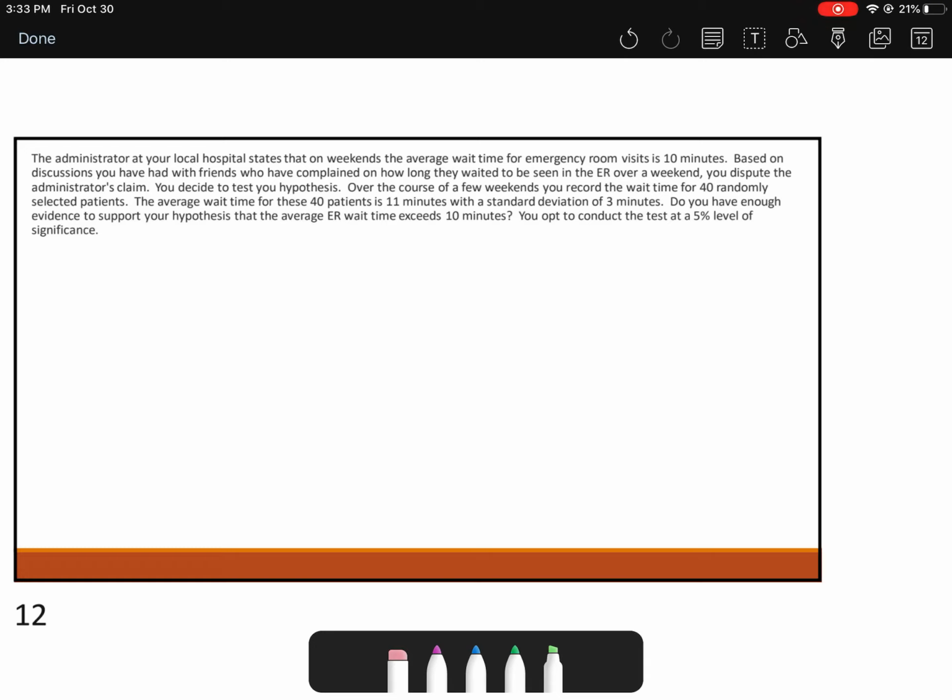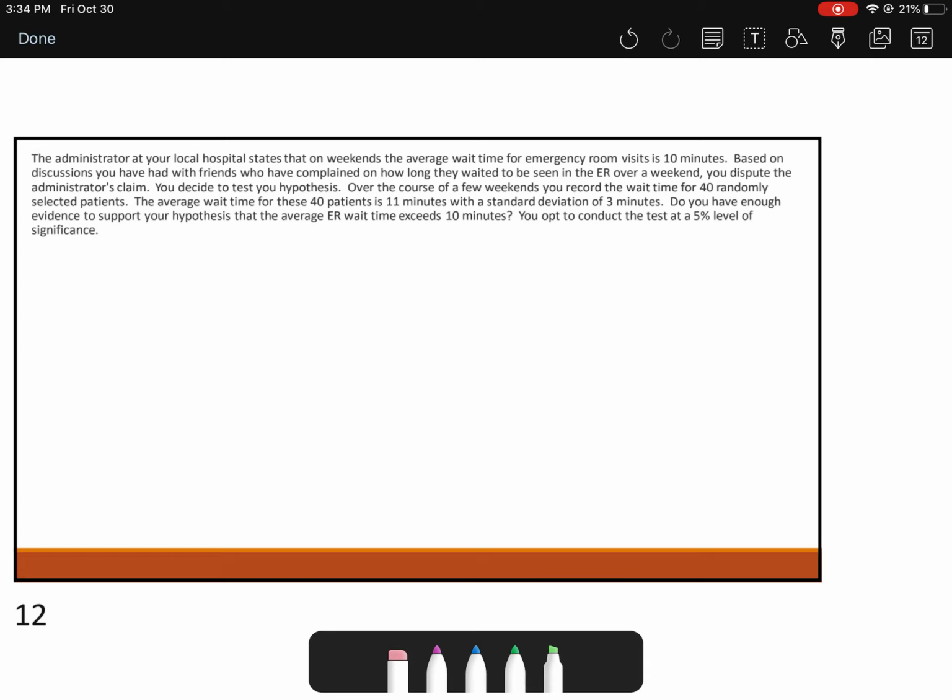Okay, example 2. The administrator at your local hospital states that on weekends, the average wait time for emergency room visits is 10 minutes. Based on discussions that you've had with friends who have complained about how long they have waited to be seen in the ER over a weekend, you dispute the administrator's claims. You decide to test your hypothesis.